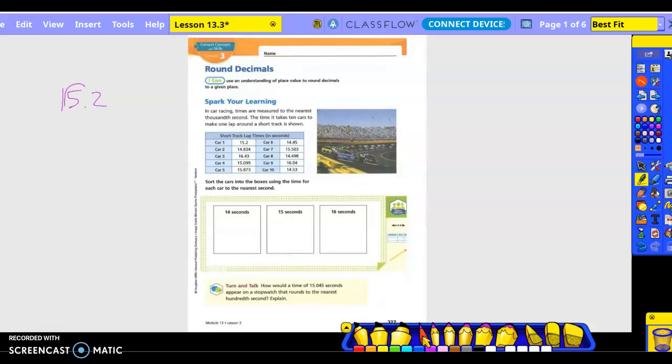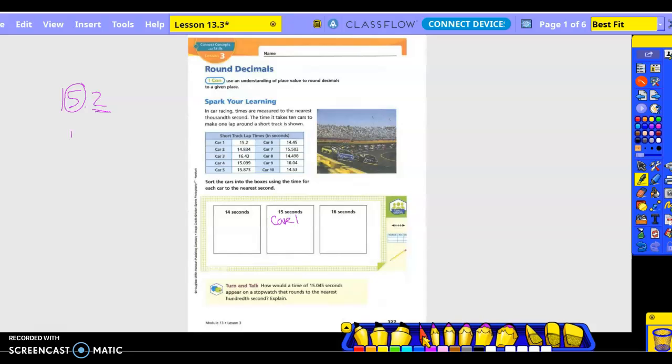I would circle the 5 because that's the place value I'm looking at, and then I look to the right to determine if I'm staying 15 or going up. 15, because in order to go up, it has to be 5 or higher, right? So car 1 would go here.